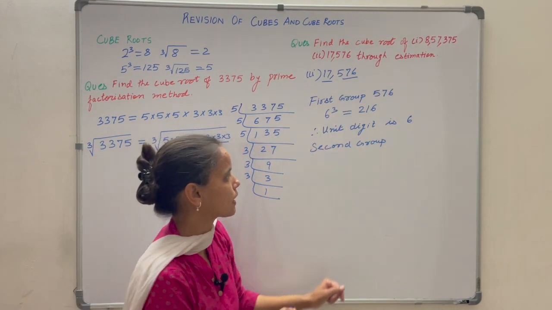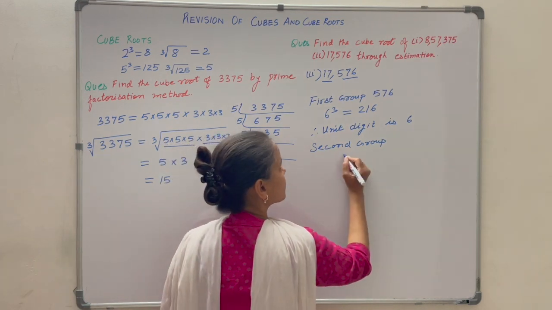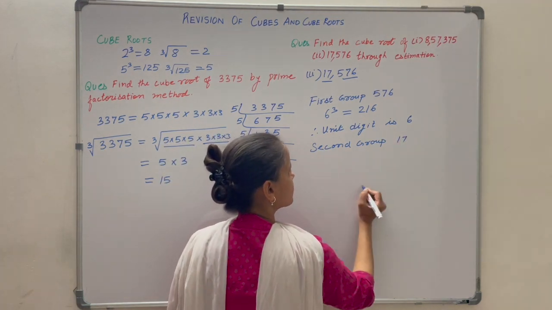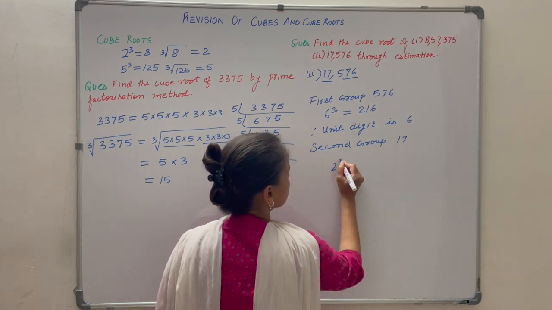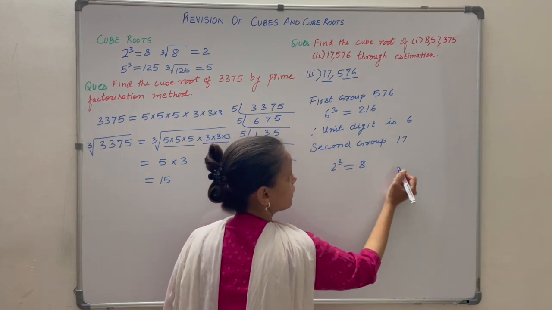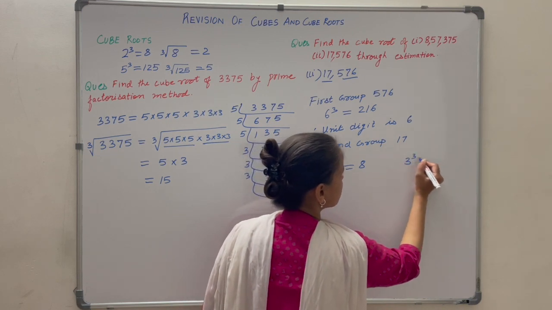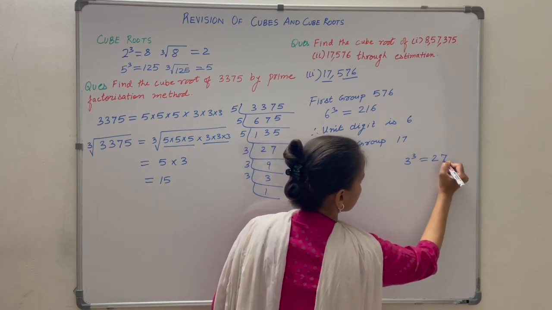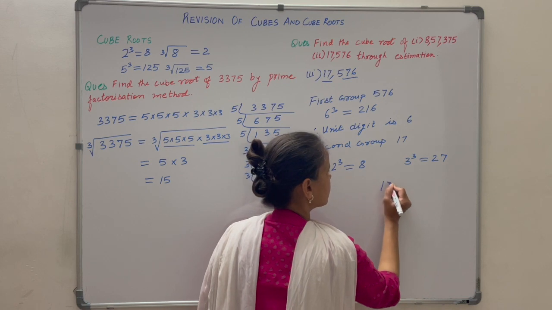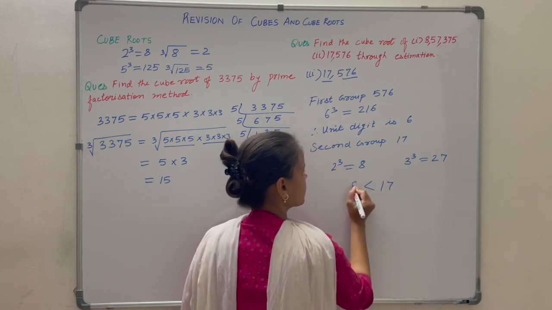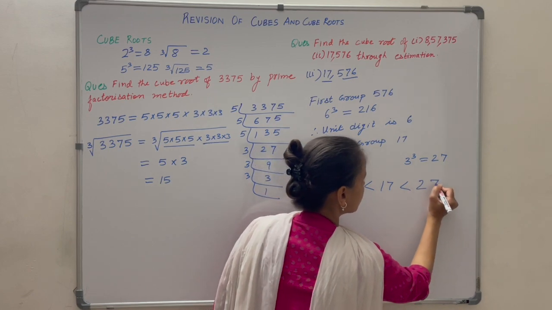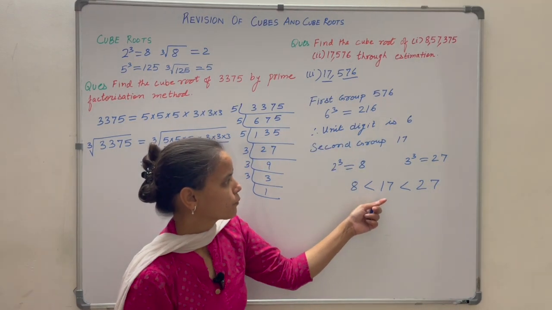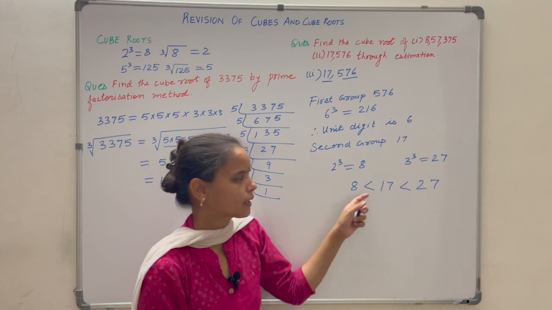Now let us take the second group. The second group here is 17, and 17 lies between 2 cube, which is 8, and 3 cube, which is 27. 17 is greater than 8 and lesser than 27. So which out of these two is smaller? 8.